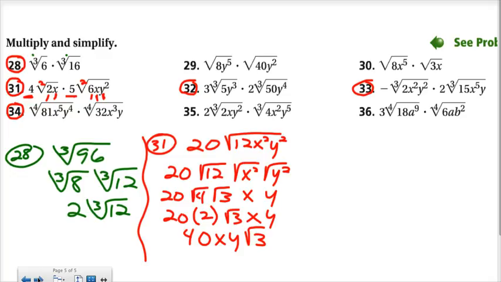So last thing to do here, because this does have an even root, is to check and see if they cared whether or not they had a positive or negative x or y value. So now I go back up here and I look at my x's and my y's, and right away I see the x's were to the first power, so they didn't care, because if you take a negative number and you raise it to the first power, it's going to be negative. They didn't care about the x's. However, they did care about the y's, and that's because this is a y squared.